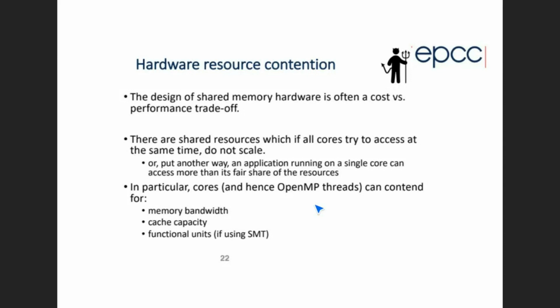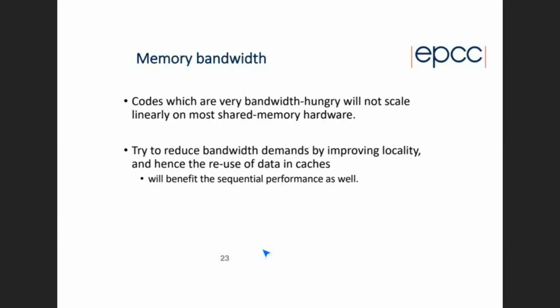Functional units matter if we use SMT, simultaneous multi-threading, the idea that Andrew was talking about before: running more than one OpenMP thread per core. If we do that, then we may also contend for, for example, the floating point units. The most important one, though, is memory bandwidth.